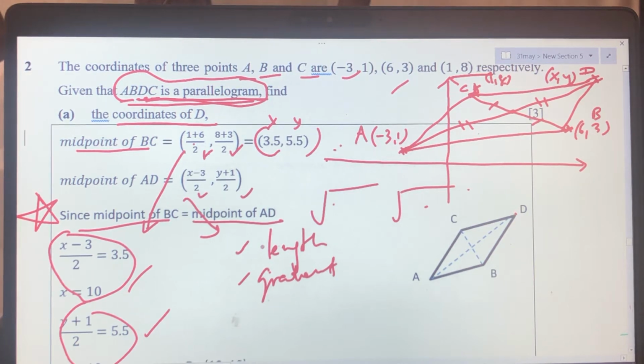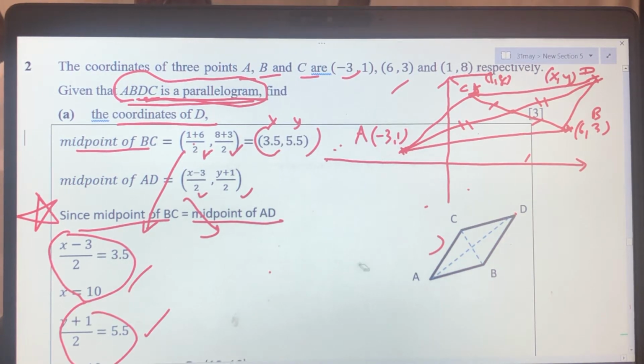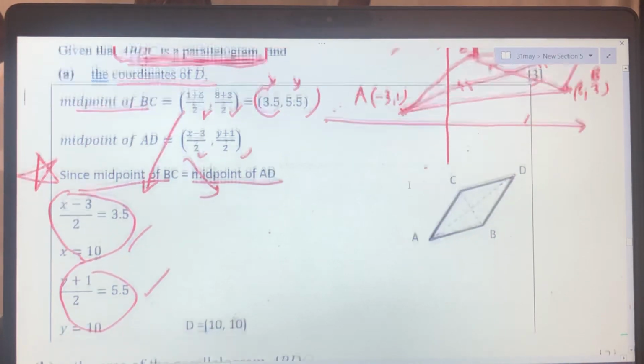You would have gotten 0 or just a few marks. Then the other one is some of you find this gradient, then find this equation, then find this gradient, find this equation, then finally where they intersect, you solve simultaneously, then you can find this point. Very long. So when you do corrections, please learn the more efficient method.